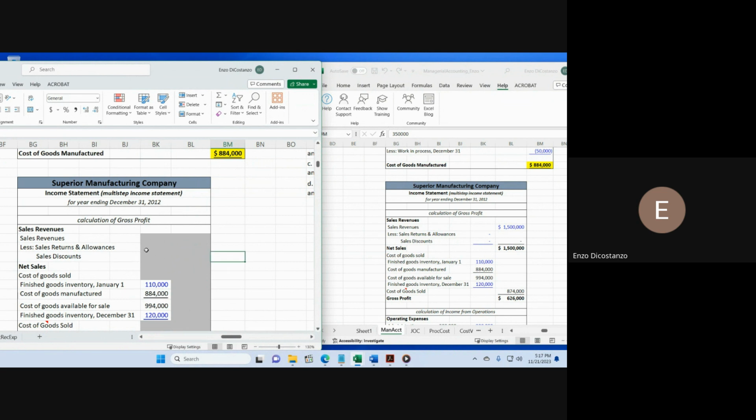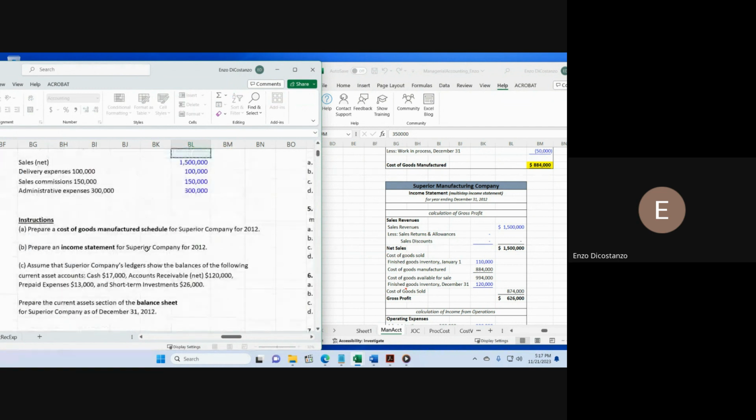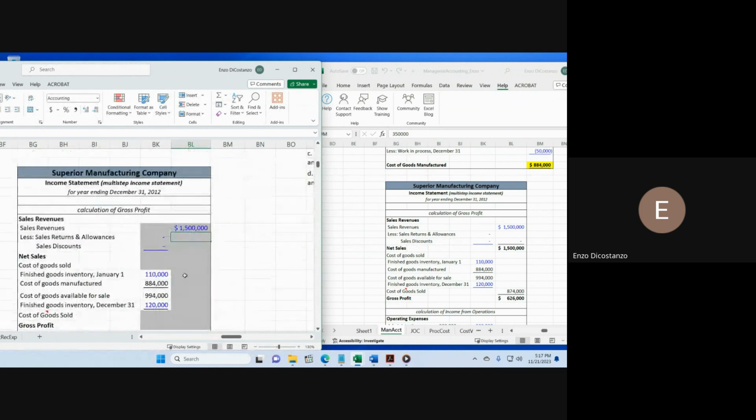Okay. These are both 0. Sales revenues at 1.5 million. Okay, which is there. So we're going to sum these two. 1.5 minus that 0, so 1.5.